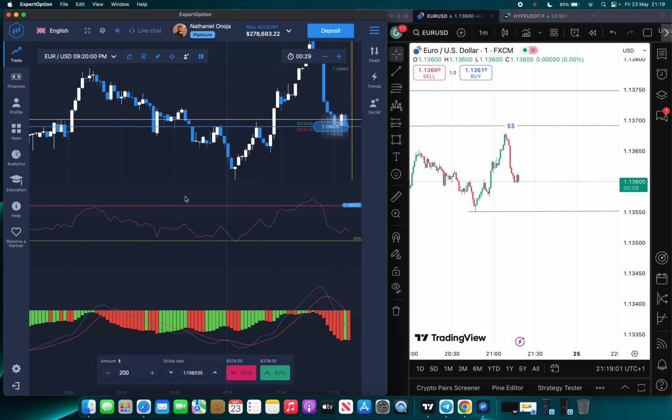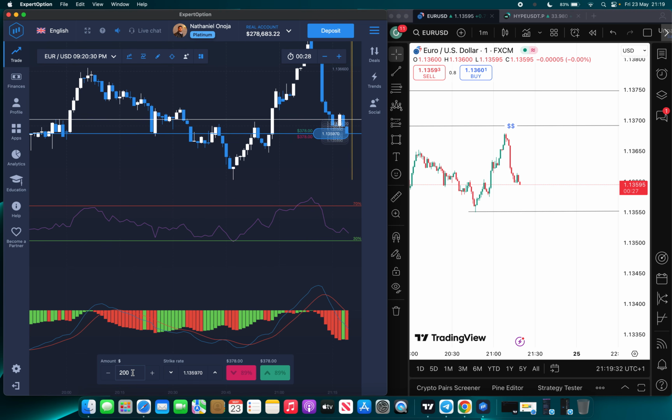Let me show us something. For the new guys that are just joining, we use a strategy called Martingale, which helps recover your loss when you lose a trade. For example, I go into a trade with $200 and I lose that trade.